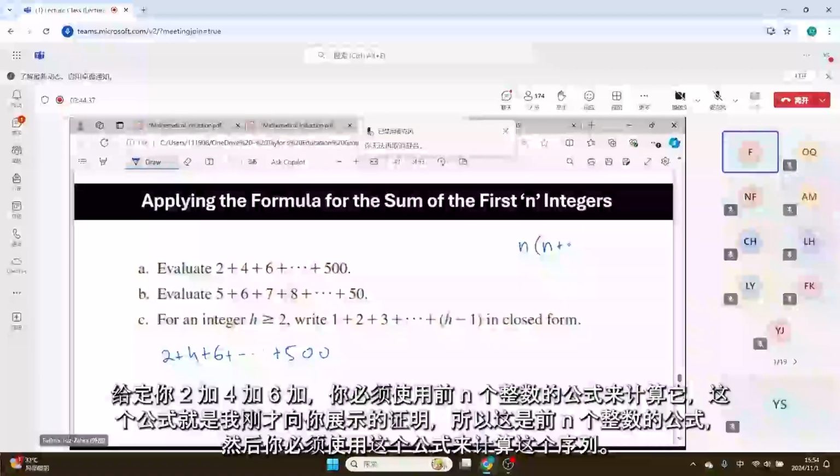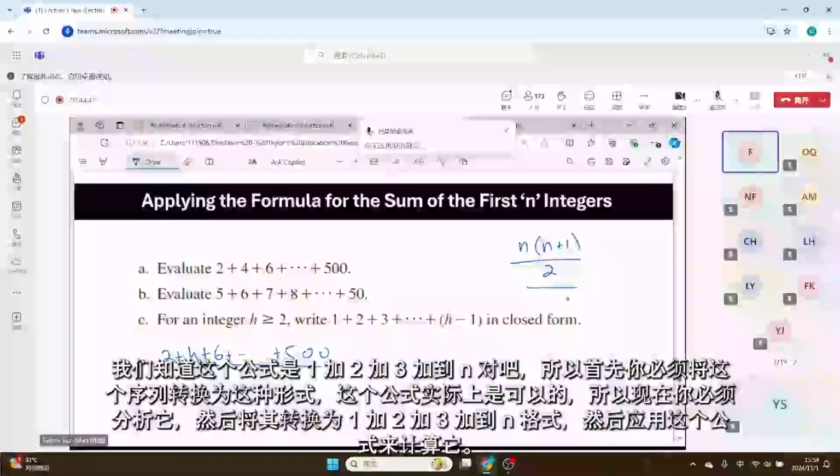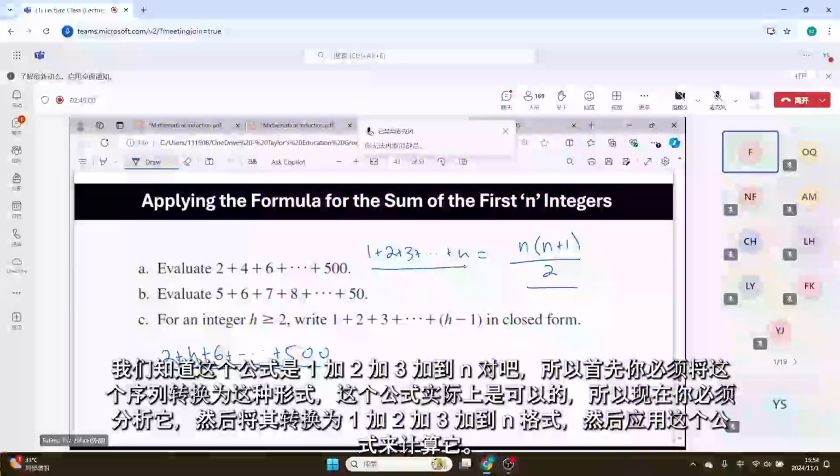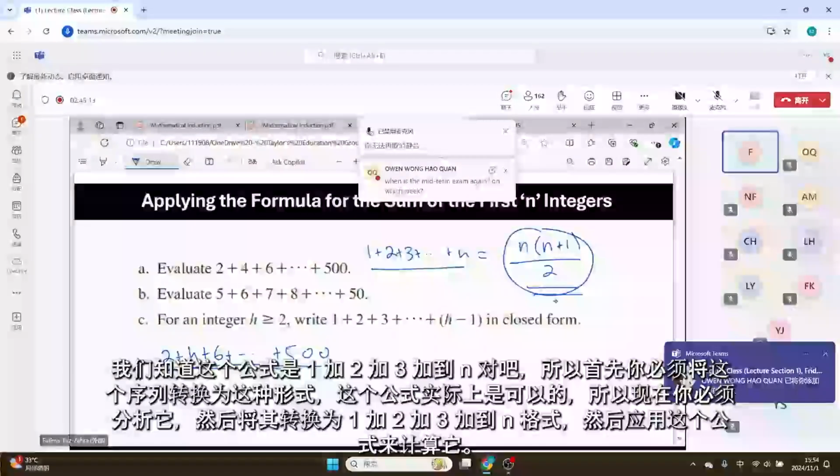We know that this formula is for 1 plus 2 plus 3 plus up to n, right? So first you have to analyze the sequence and convert it into the 1 plus 2 plus 3 plus up to n format, and then apply this formula to calculate it.